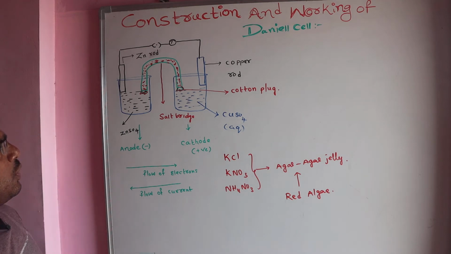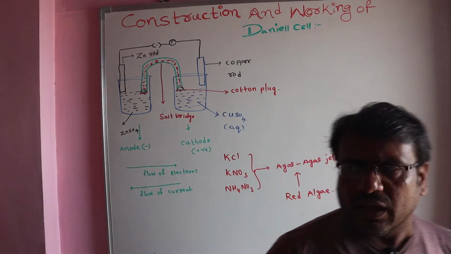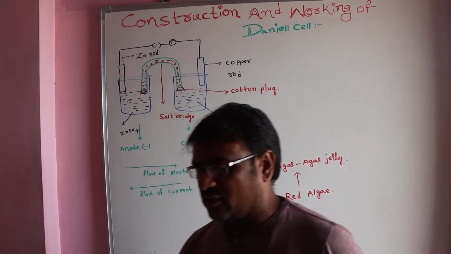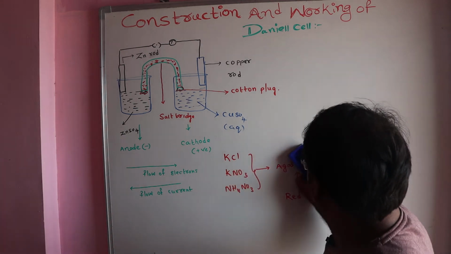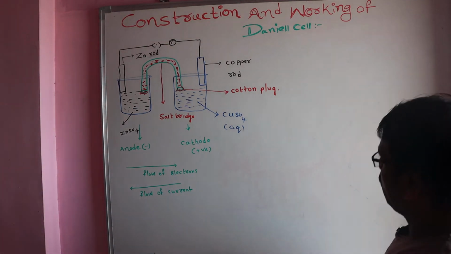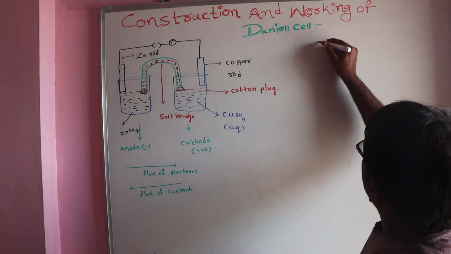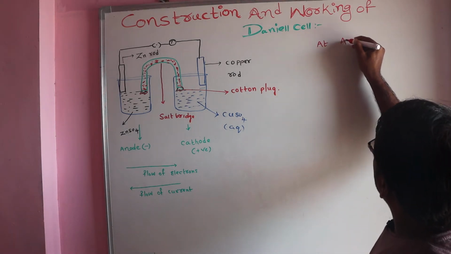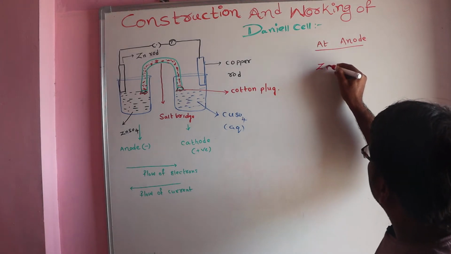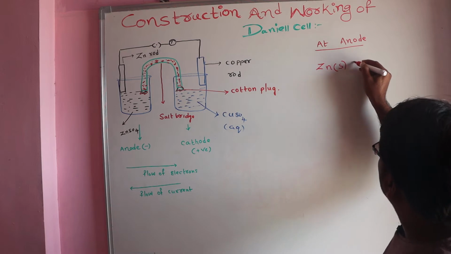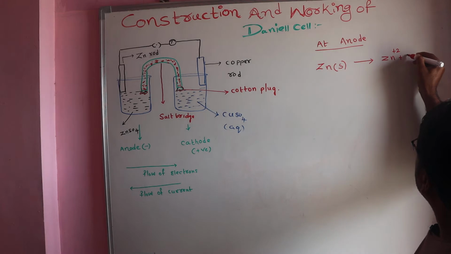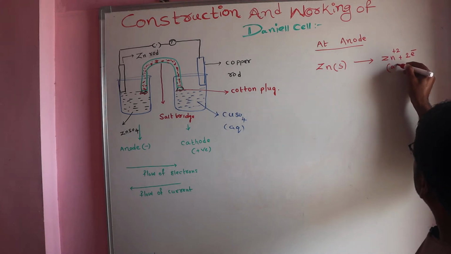Cotton plugs. To prevent the mixing of solutions, to prevent the diffusion, we are using cotton plugs. Now, at the anode, this is the reaction going to take place. At the anode, zinc metal has more tendency to lose electrons, and it produces Zn+2 and 2 electrons.